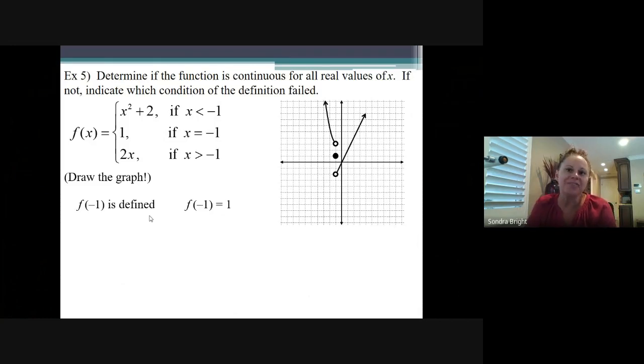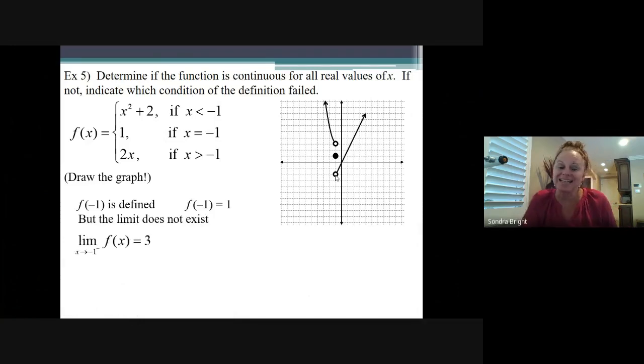Then we want, how about the limit? What about the limit as x approaches -1? Well, you got to look at the two-sided limits to see if the limit exists. So as x approaches -1 from the left, you're on this part of the graph. And what is your y value? 3. As x approaches -1 from the right, you've got a y value of -2.